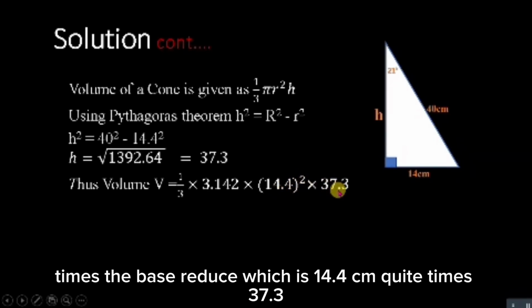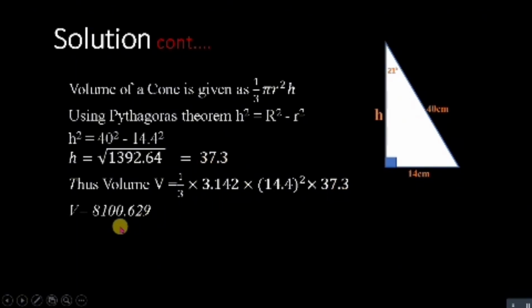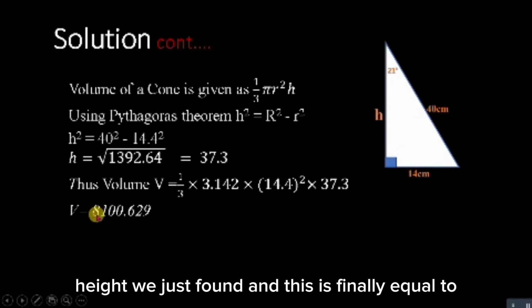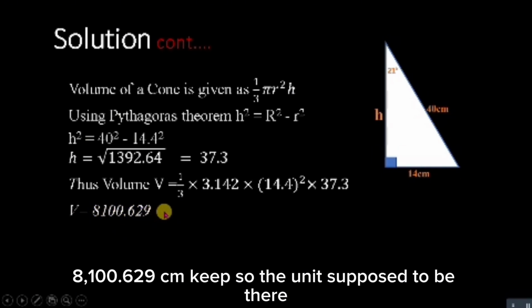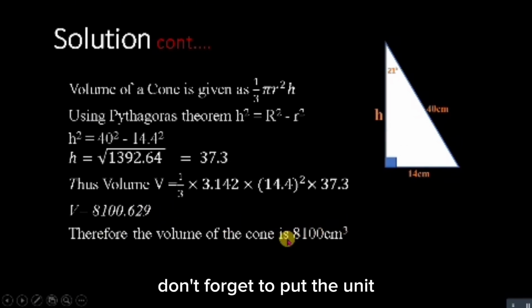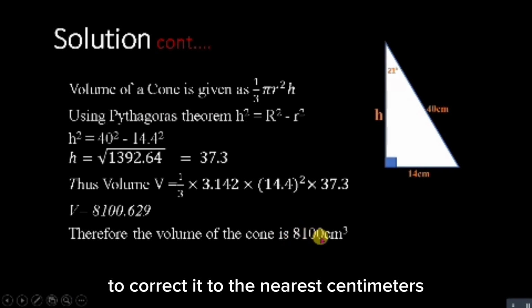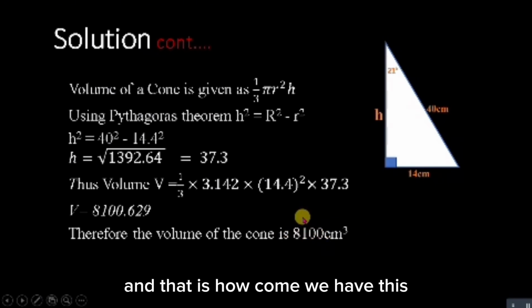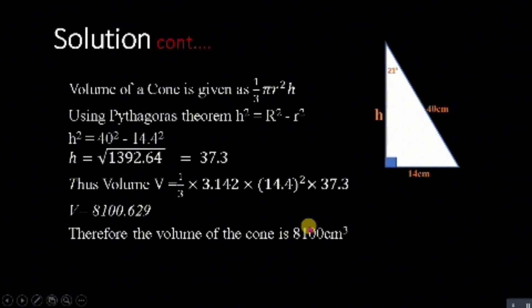And this is finally equal to 8,100.629 centimeters cubed. So the unit is supposed to be there. Don't forget to put the unit at the latter part. And then we correct it to the nearest whole number. And that is how we have this. So calculating the volume of a cone should not be something difficult for us to do.